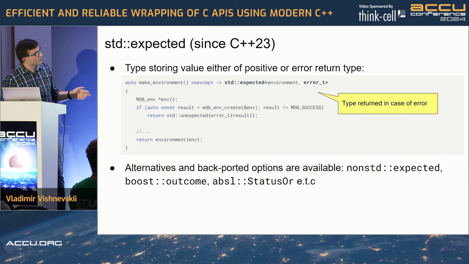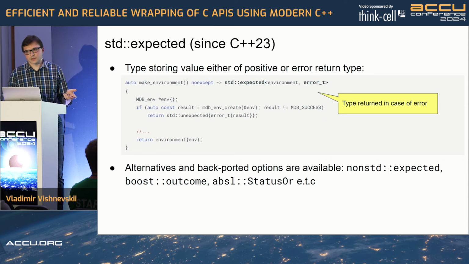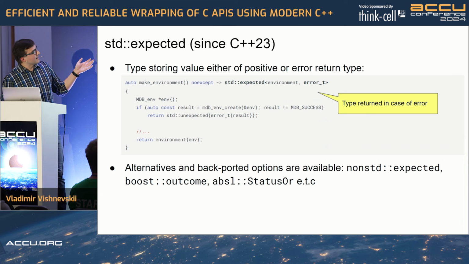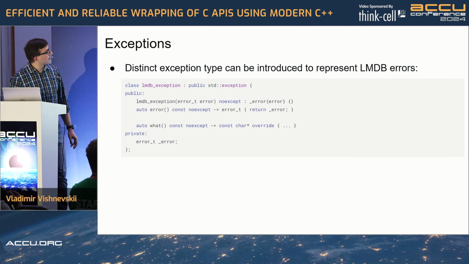This facility is a hybrid between optional and variant, and it has an interface similar to optional, except that instead of being empty, it stores a value of an error type. There are several backports and alternatives available for that.